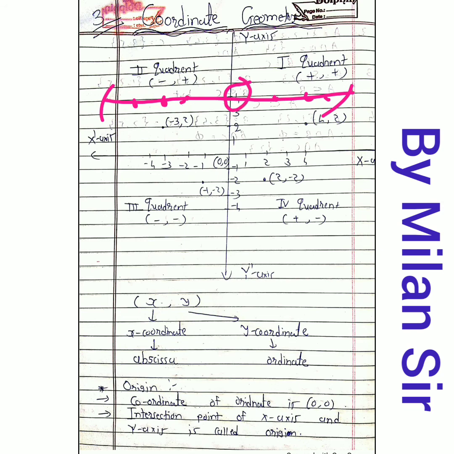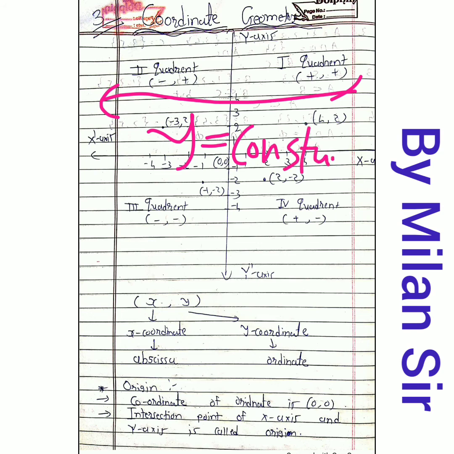If we draw a line parallel to the x-axis, then the y coordinate is constant. Wherever we draw this line, the y coordinate is a constant for all the points on that line.